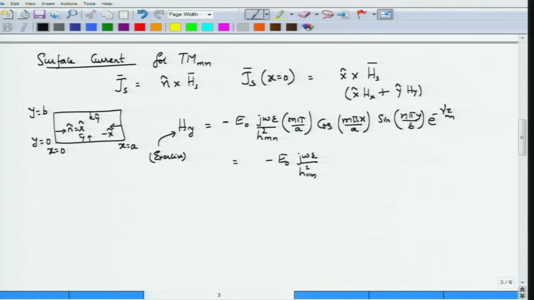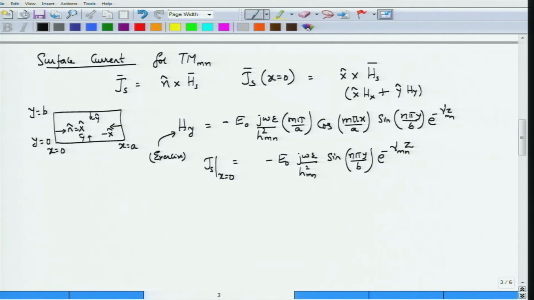I do hope that you remember what h square is; it was related to gamma and omega. At x equal to 0, cos of 0 will be 1. So you just get sine of n pi y by b times e to the power minus gamma mn z. This is the surface current that would be present at x equal to 0.